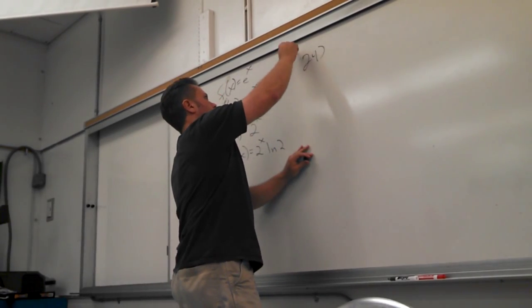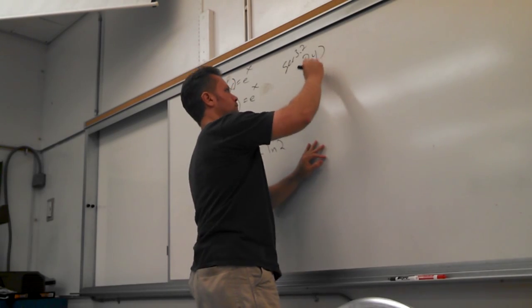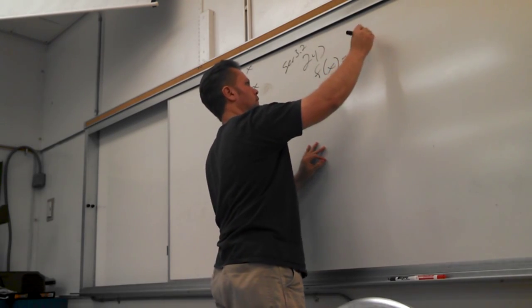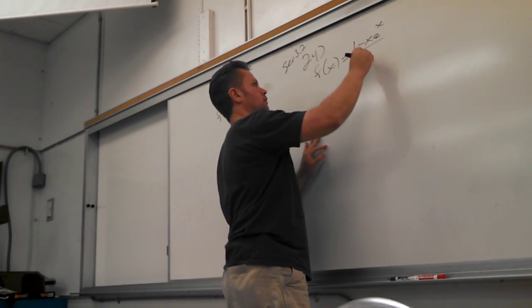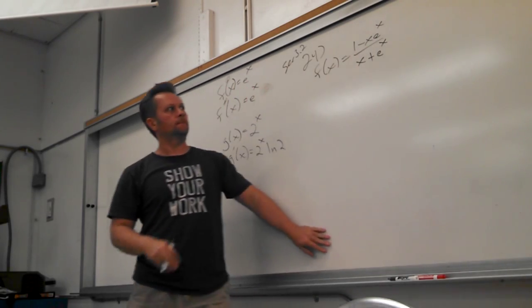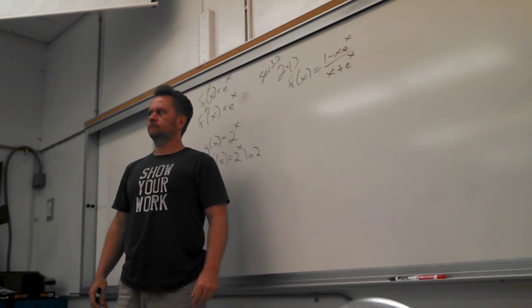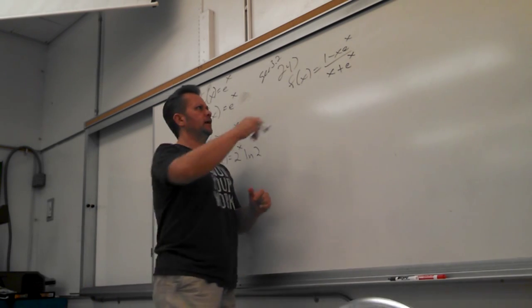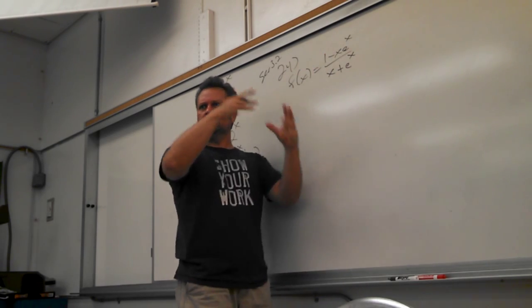Section 3.2 is where we learned product and quotient rule. And this is where I see neat stuff happen, like somebody says it's 1 over x minus x or something.